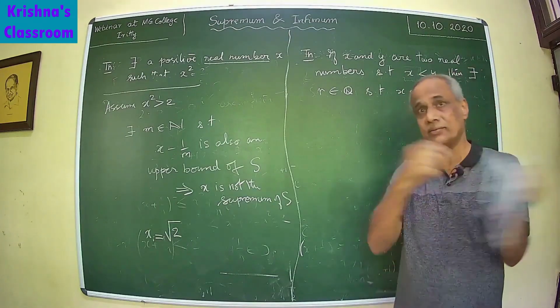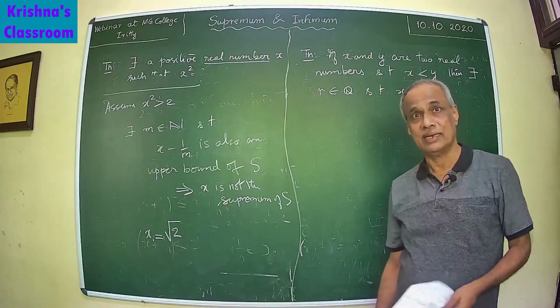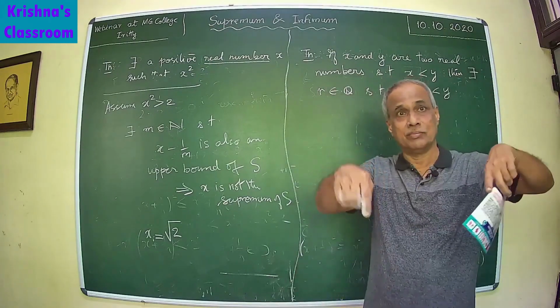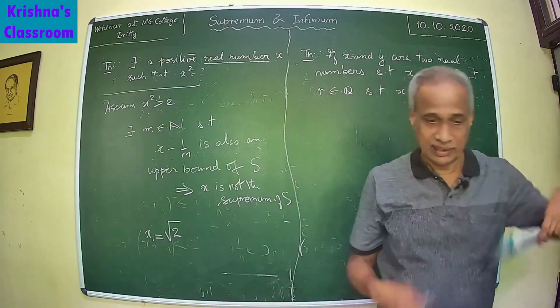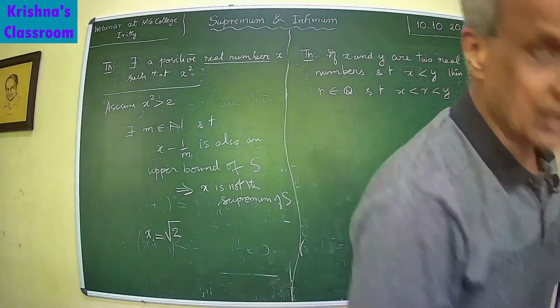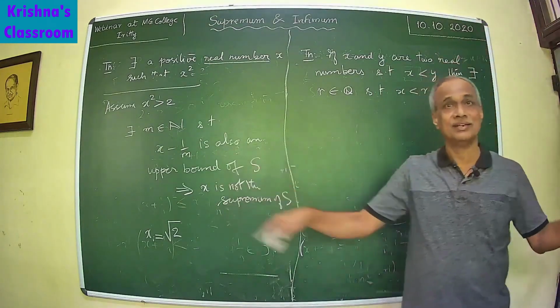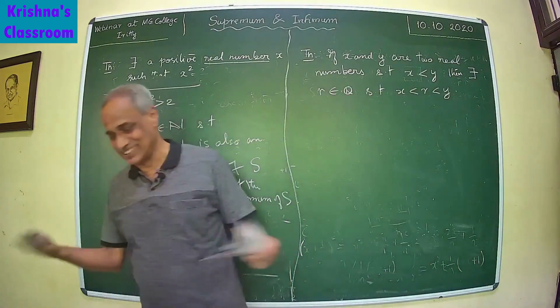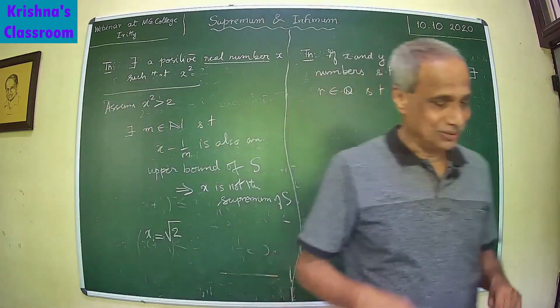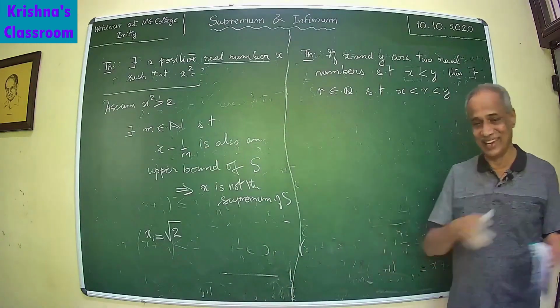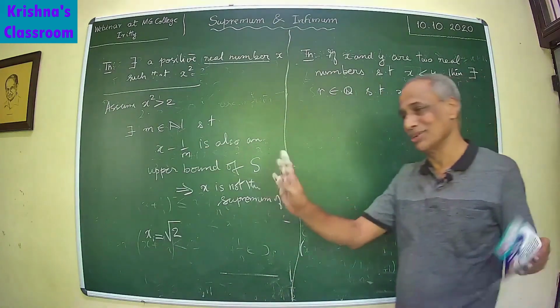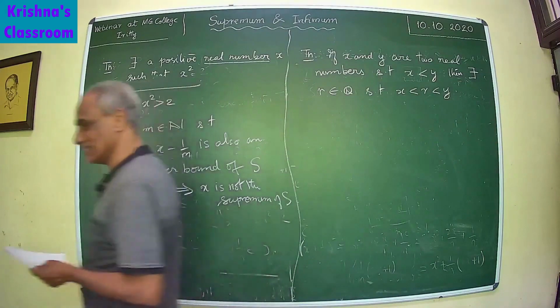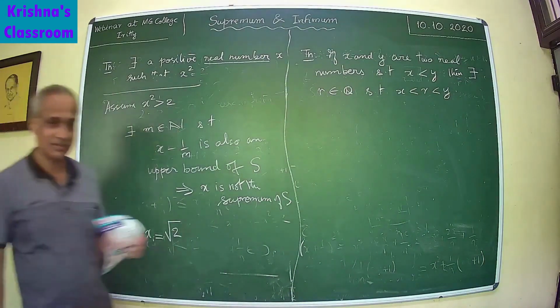And later we also assert that if you are given any two rational numbers, in between you can find an irrational number. So it is not alternating rationals and irrationals that you have, but a very curious distribution of these rationals and irrationals on the real line.